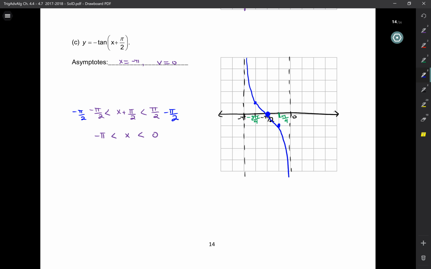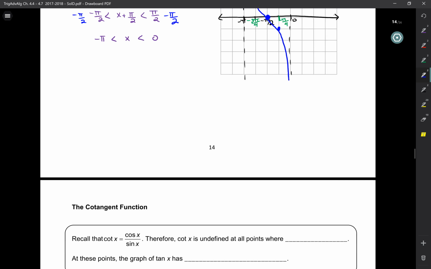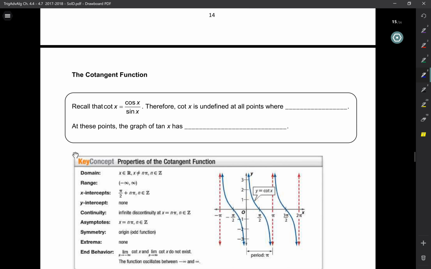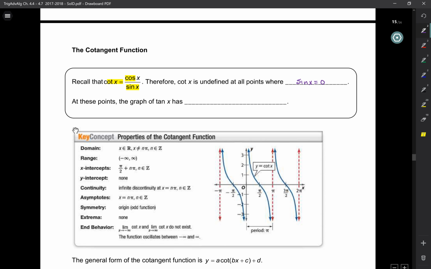Now, one last thing is the cotangent. Cotangent is defined as cosine over sine. Therefore, it's undefined wherever sine of x is equal to 0. At these points, oops, this should say cotangent.